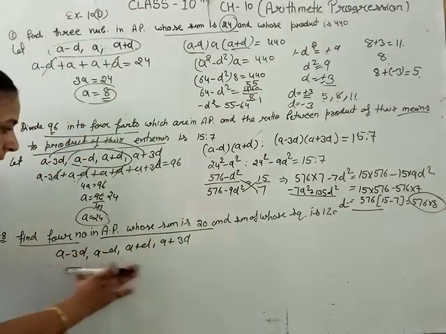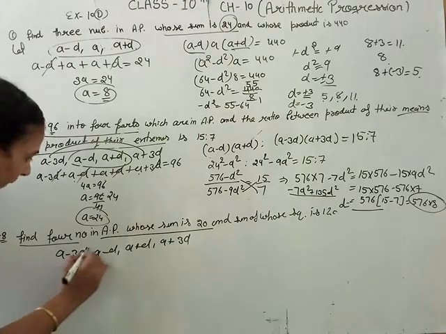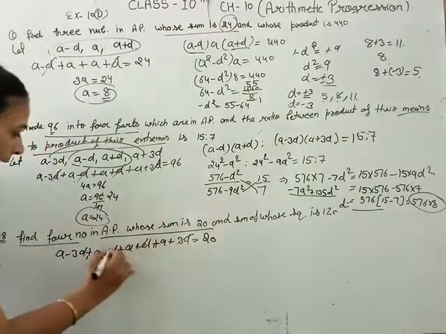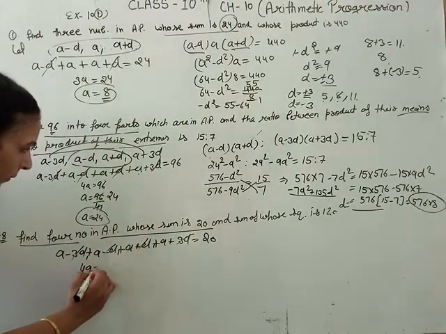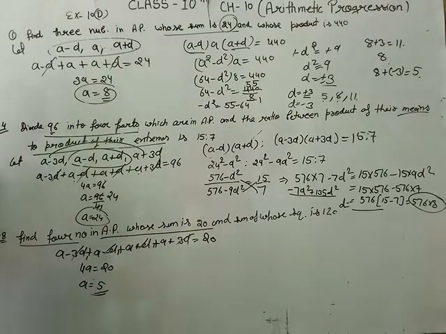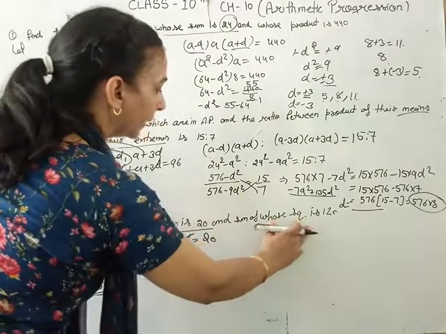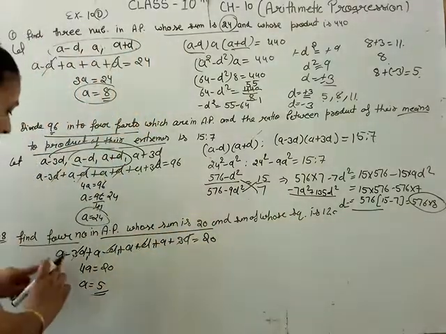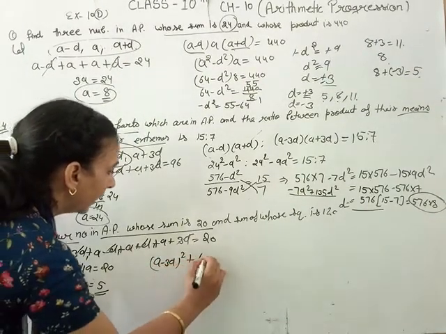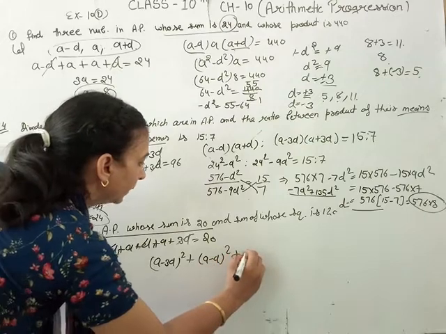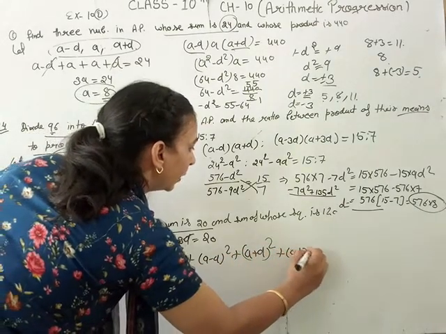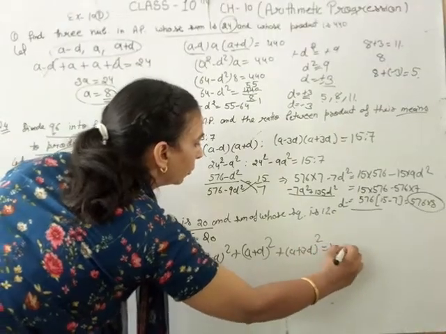If we take the sum of all, it equals 24, then the 3D cancels, 4A equals 20, A equals 5. The value of A is 5. And the sum of whose squares means A minus 3D square, A minus D square, A plus D square, A plus 3D square, and this equals 120.